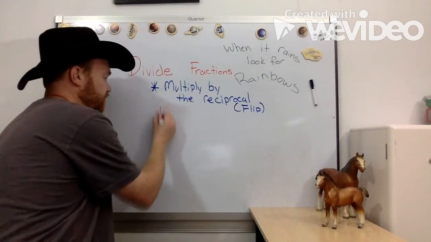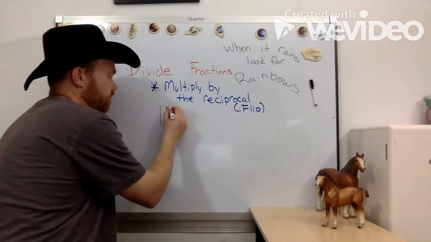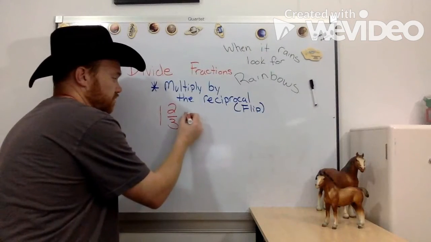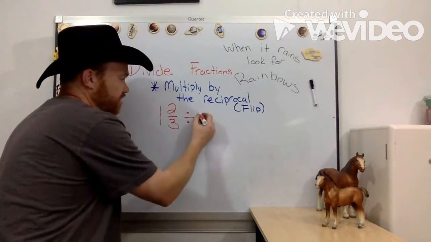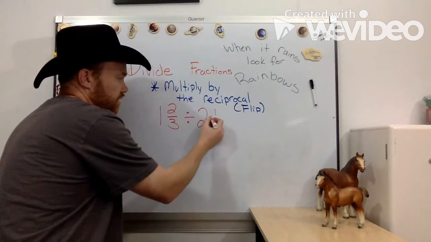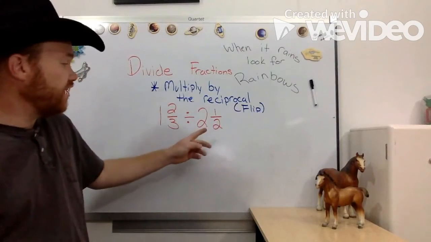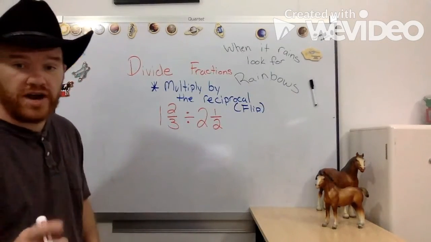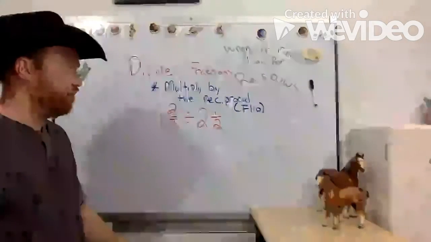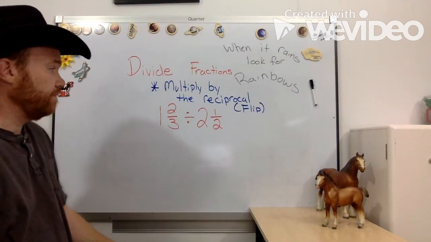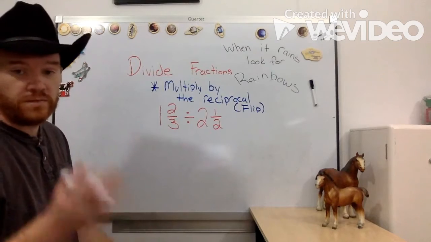So in this case, I'm going to have 1 and 2/3 divided by 2 and 1/2. If you feel confident that you can do this one, go ahead and practice it on your own. Remember, I always say practice makes perfect. We always want to practice as much as we can. So go ahead and pause there if you want.